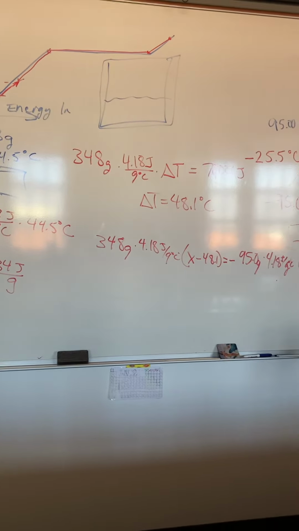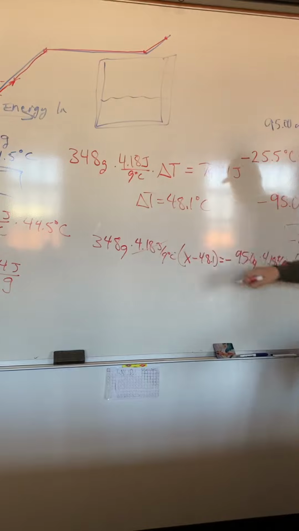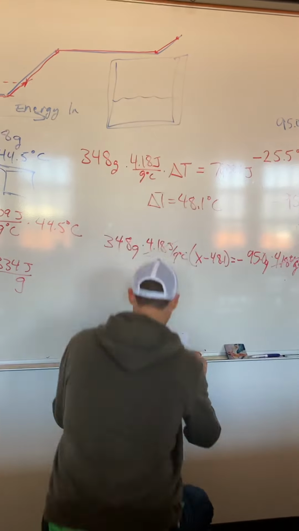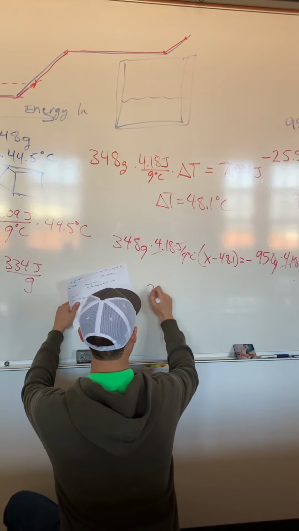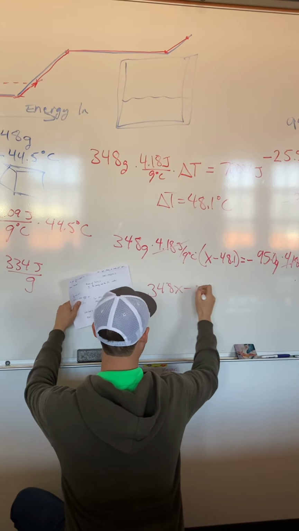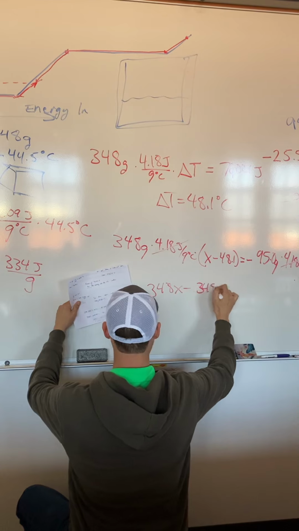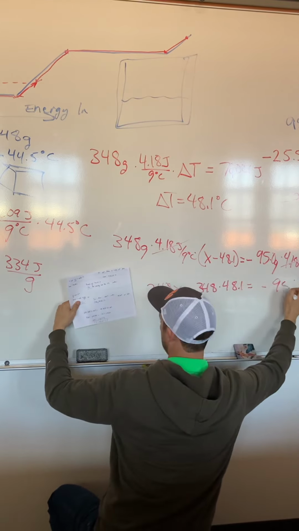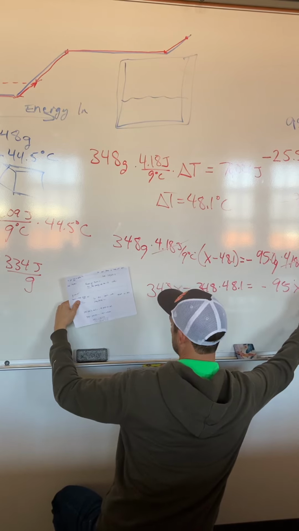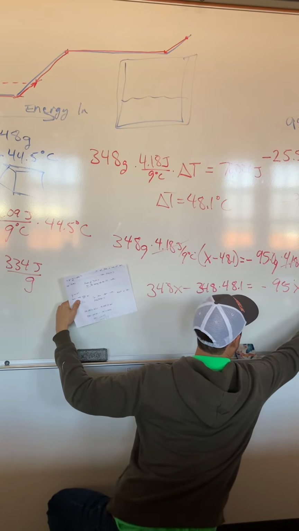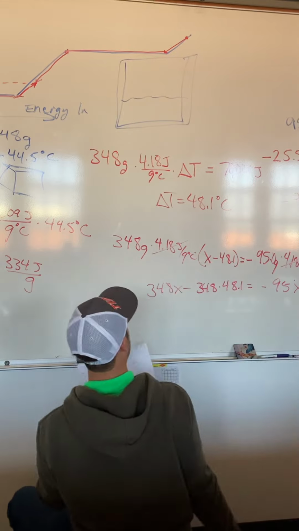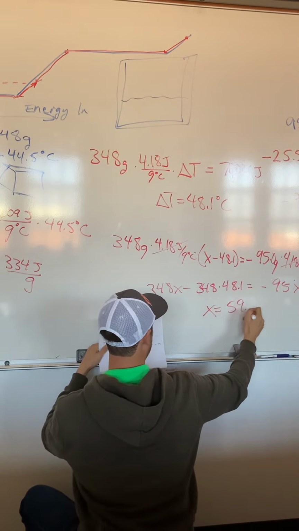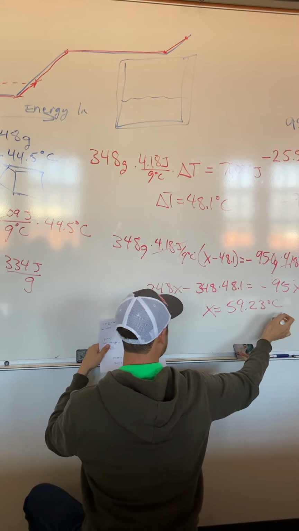Now we can solve for X. One little trick is that the 4.18 is the same on both sides. So we get something like 348x minus 348 times 48.1 equals negative 95x plus 9500. Then we solve for x, and you get x equals 59.23 degrees Celsius.